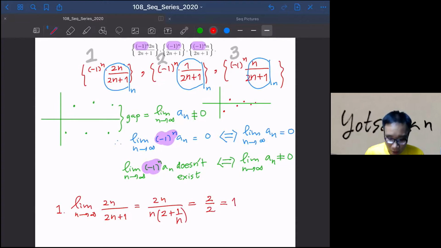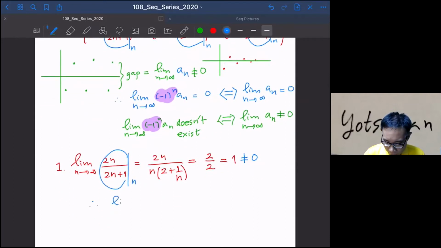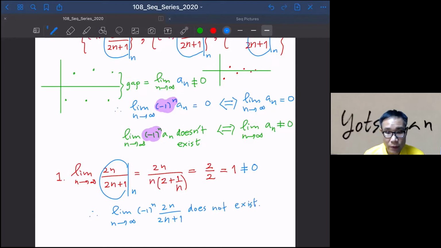So the limit of your a_n turns out to be 1, not equal to 0. The conclusion for the first one is that the limit as n goes to infinity of (-1)^n times 2n over 2n plus 1 does not exist.